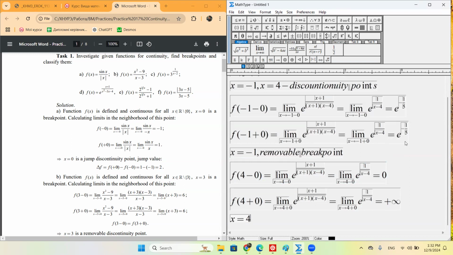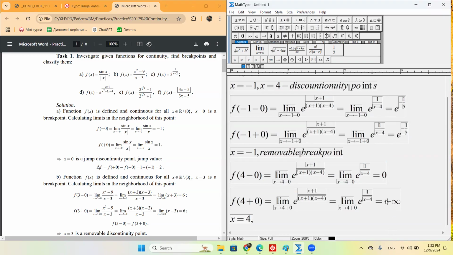I thought jump discontinuity because first we get 0 and next is like a jump between. Well, basically, if we have an infinite limit, even from one side or from both sides, this is a second order discontinuity point.